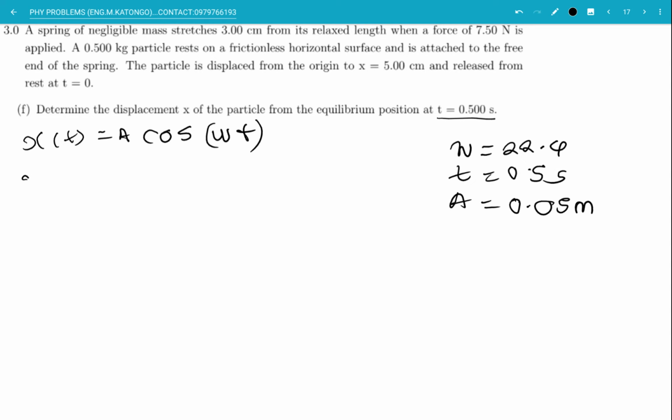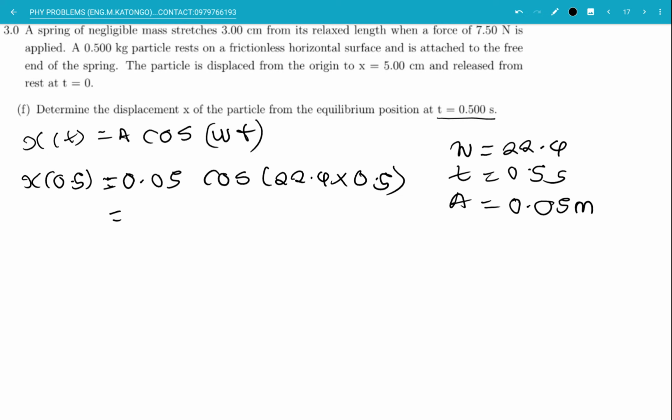Replacing that in our equation, we'll have our amplitude, which is 0.05 meters, cos of the angular frequency, which is 22.4, times the time, which is 0.5. So therefore we'll have our displacement x as 0.01 meters.